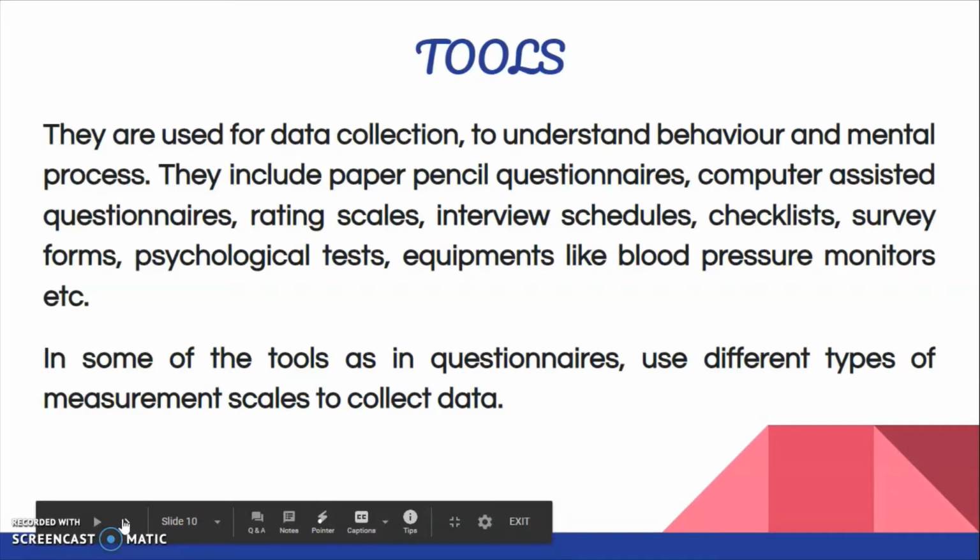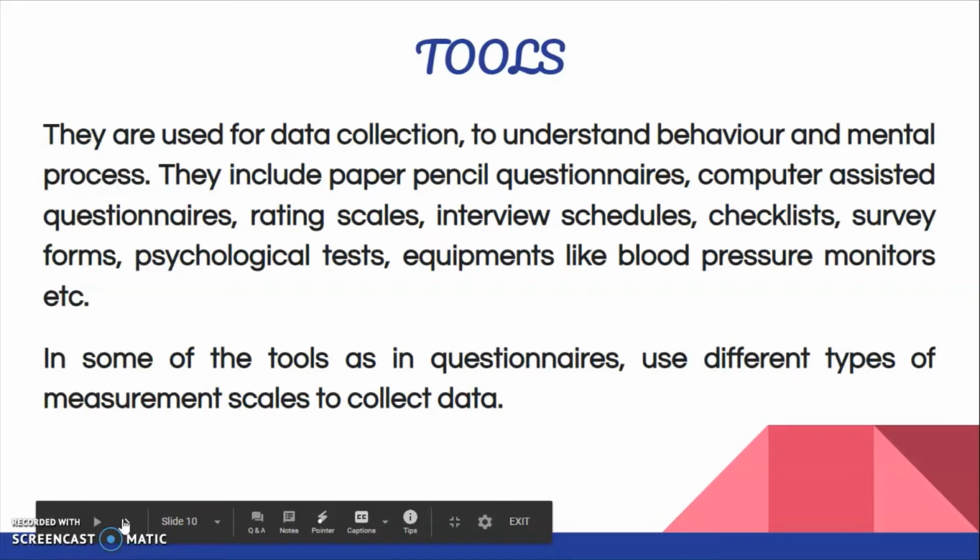So the tools are used for data collection. And why are we collecting the data? To understand the behavior, and also to understand the underlying mental process, we use different types of tests.